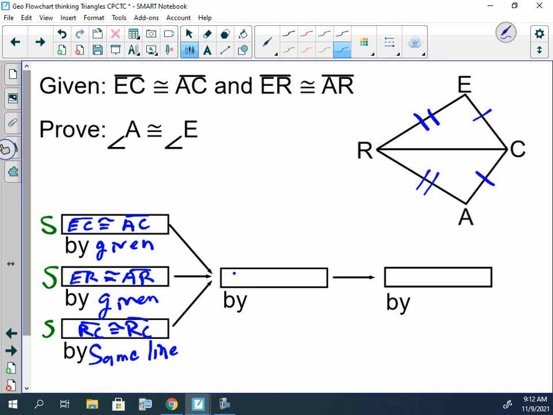Triangle ACR is congruent to the other triangle by our side congruency statement. So where can we go from here?